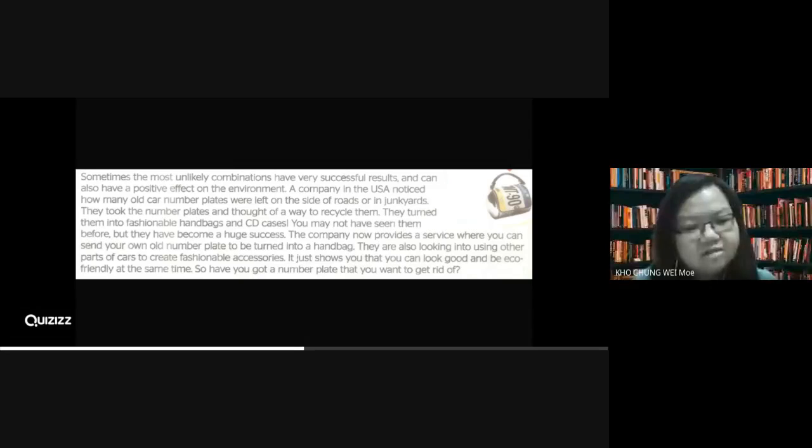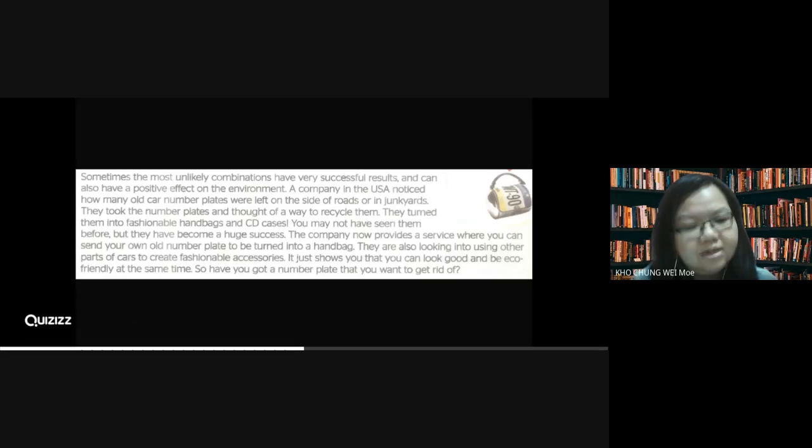They took the number plates and thought of a way to recycle them. They turned them into fashionable handbags and CD cases. You may not have seen them before, but they have become a huge success.